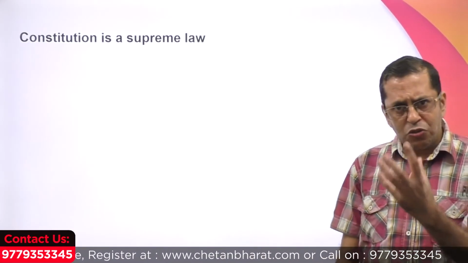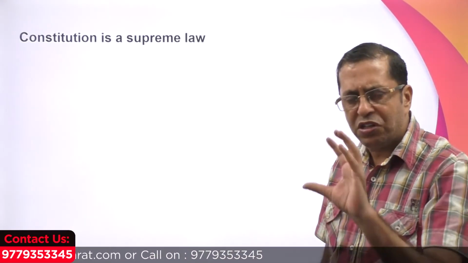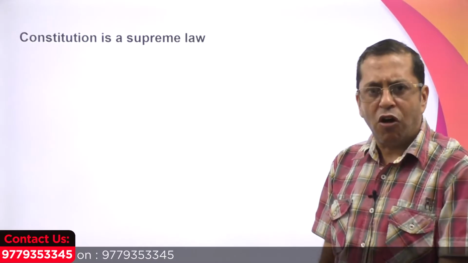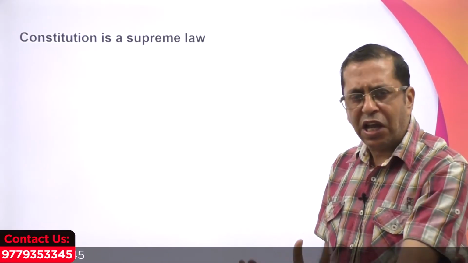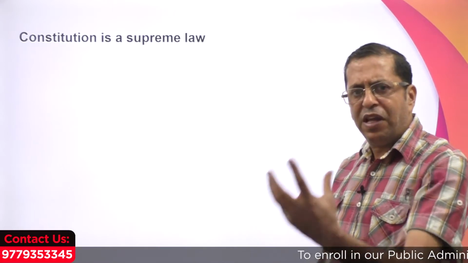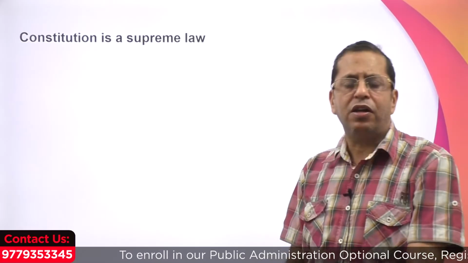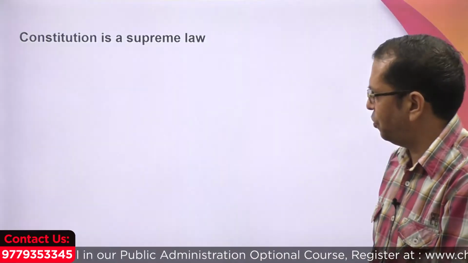So since in India the constitution is the supreme law, the constitution determines what the government, what the bureaucracy can do and what it cannot do. In fact, every action of the bureaucracy is influenced by the philosophy of the constitution.